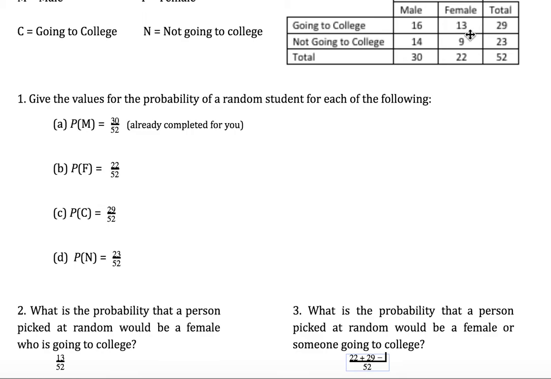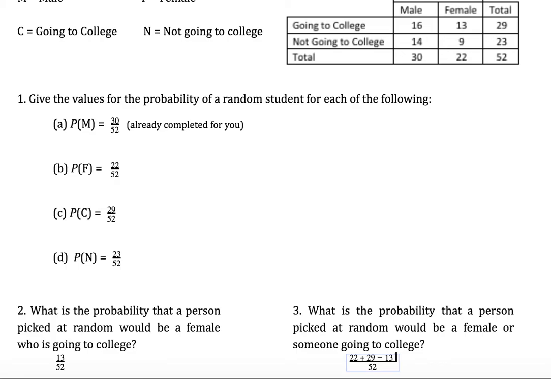Minus, if I take a look again, the column for female and the row for going to college, I counted this 13 twice. So I need to subtract it because I cannot count it twice. And this is the formula we have, which is the probability of A plus the probability of B minus the intersection of A and B.